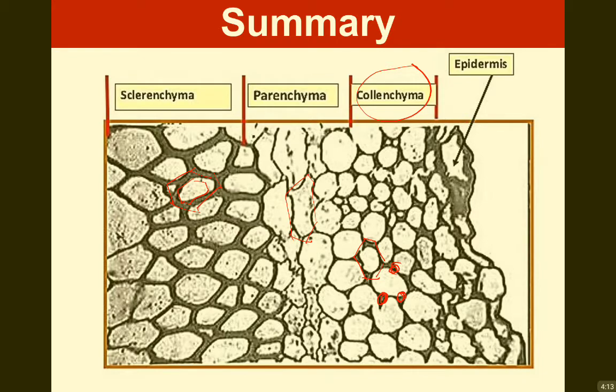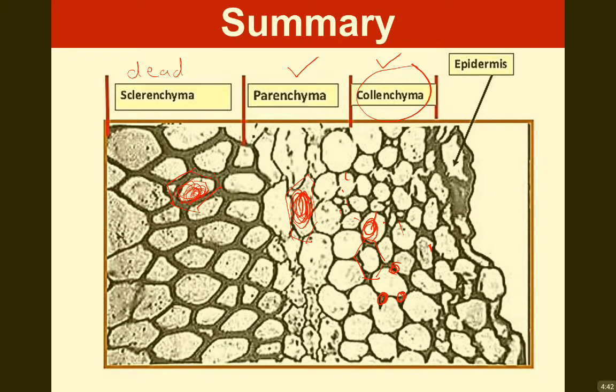Another characteristic that you can differentiate parenchyma, collenchyma and sclerenchyma, remember both of these are living cells. When it is living, it means inside the cell they still have their protoplasm, the nucleus and cytoplasm are all still present. But for sclerenchyma, it is a dead cell, so inside the sclerenchyma you have nothing.